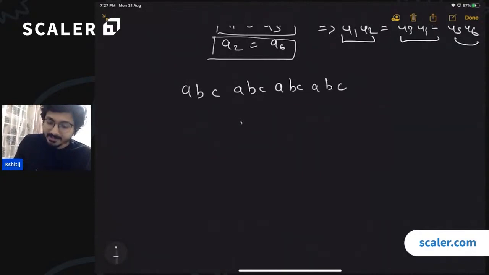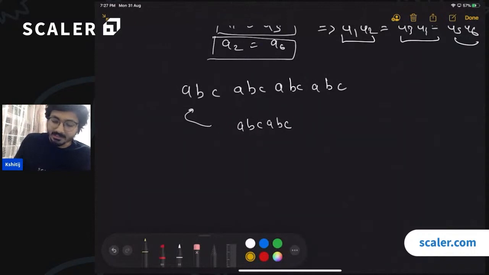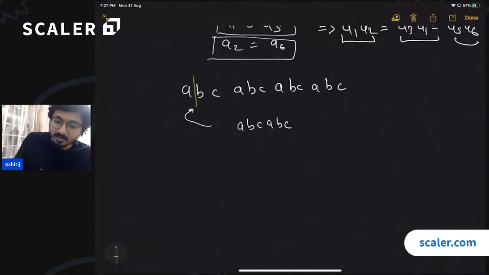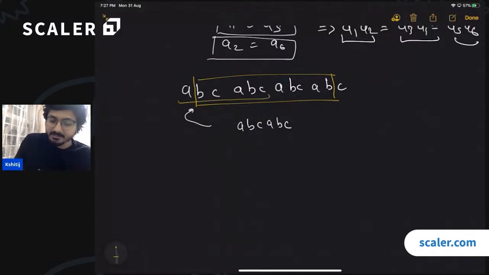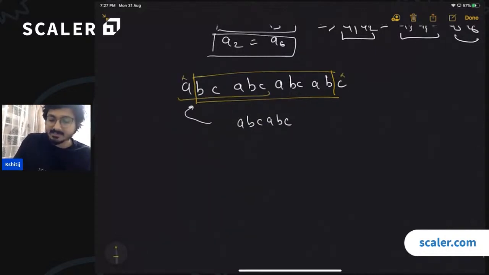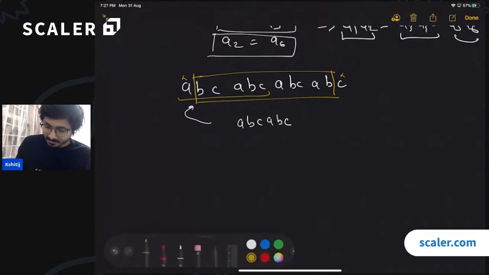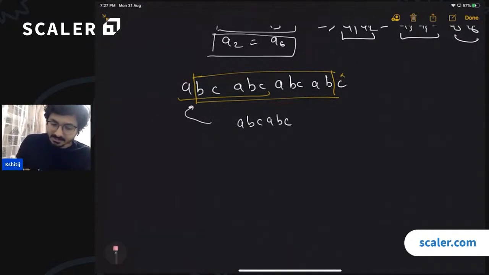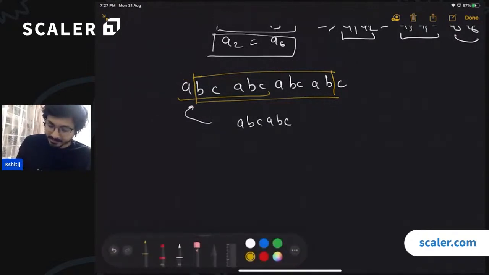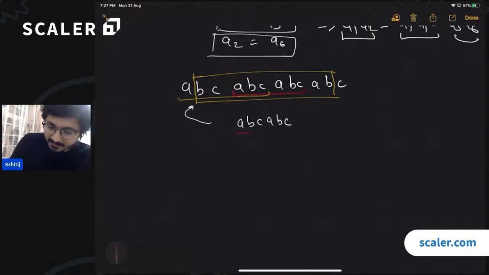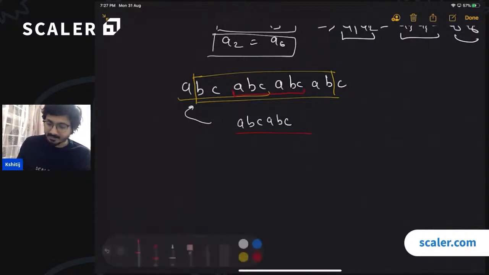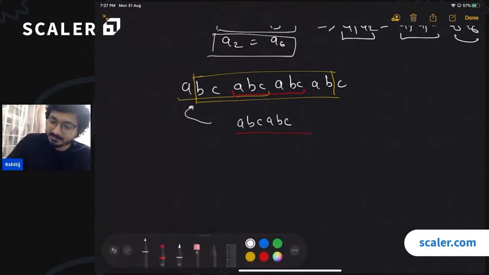Now we'll be finding the occurrence of the original string in this new string, and just to make sure that we are not searching in the first occurrence of this string, we are removing the first character and the last character. Now, if we search this string, where are we going to find it? It can be found here, ABC, ABC. Correct?